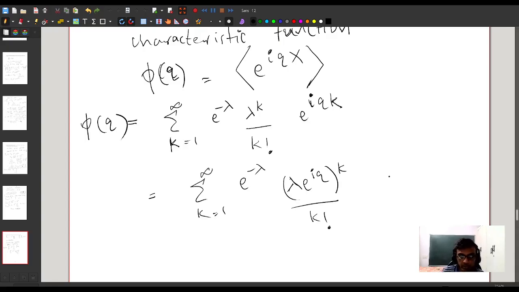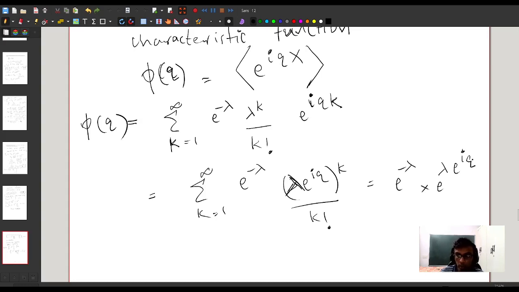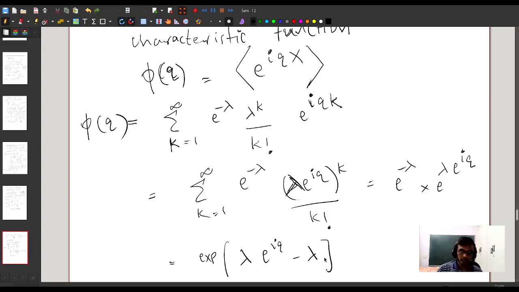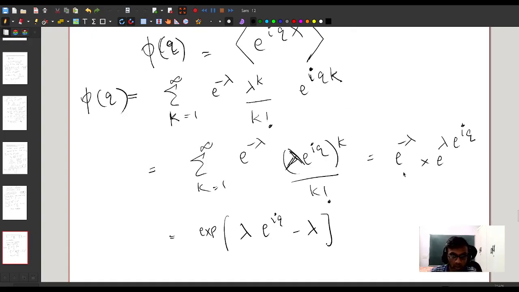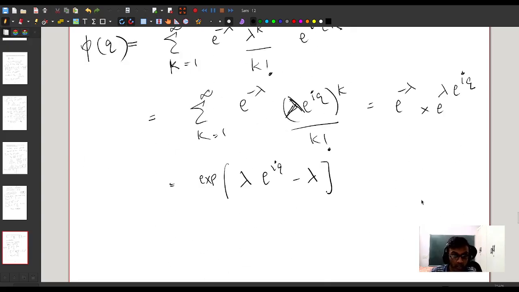This is nothing but e to the minus lambda times the summation, which is equal to exponential of lambda e to the iq, so it is equal to exponential of lambda e to the iq minus lambda. All right, that is the characteristic function.